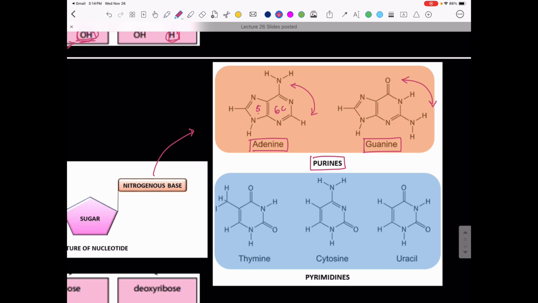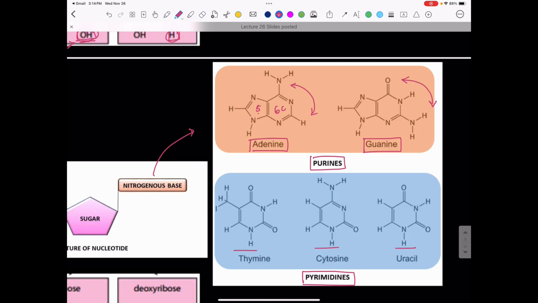The second set of nitrogenous bases are called pyrimidines, and the major difference between purines and pyrimidines is that they contain only one ring. Again, there are at least 2 nitrogens in the ring for sure in all of them. That is the common feature.